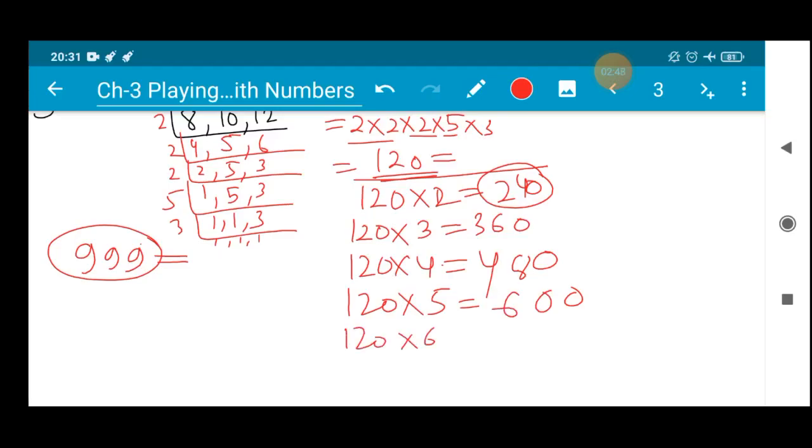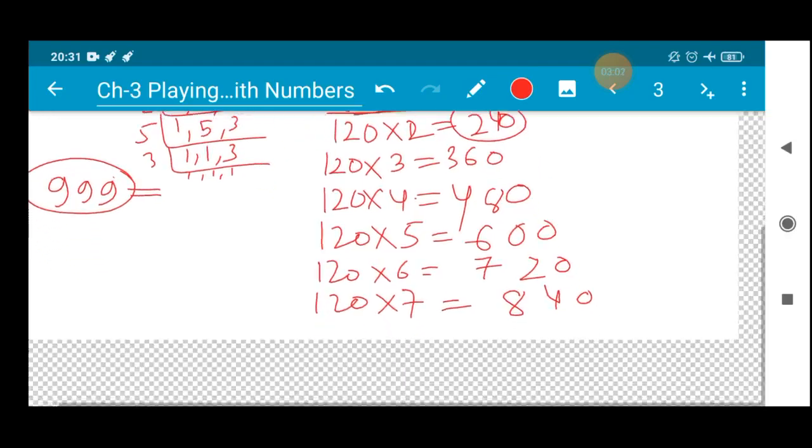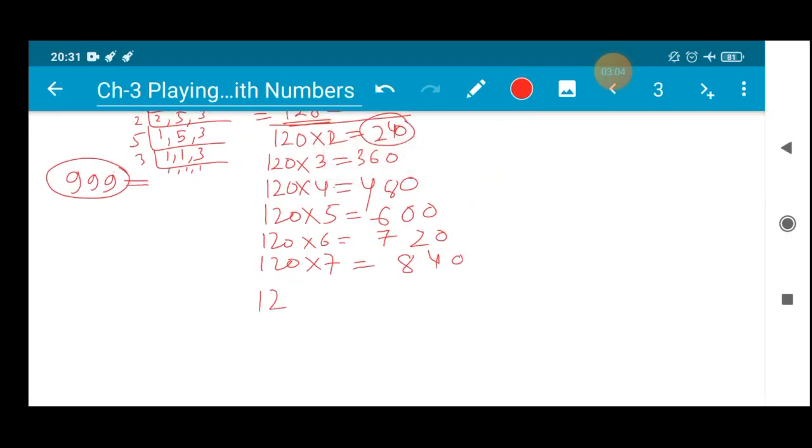So 120 into 6: 6 0s are 0, 6 2s are 12, 6 1s are 6, 720. 120 into 7: 7 0s are 0, 7 2s are 14, 7 1s are 7, 840, right? Next number we have is 120 into 8: 8 0s are 0, 8 2s are 16, 8 1s are 8, 960. Okay, so 120 into 9: 9 0s are 0, 9 2s are 18, 9 1s are 9, 1080.